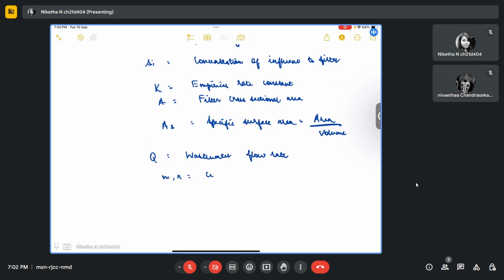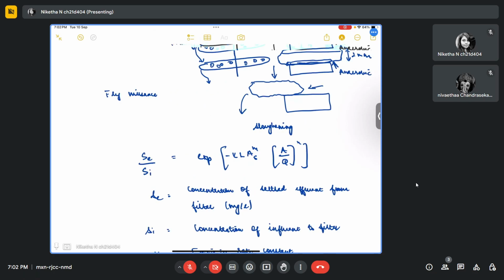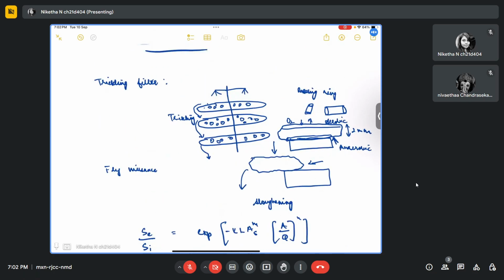M and N are constants. And L is the filter depth, so this is the depth or the height of the filter.